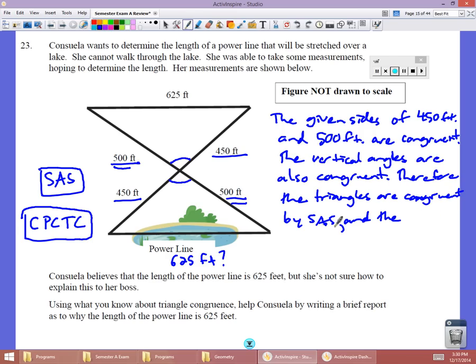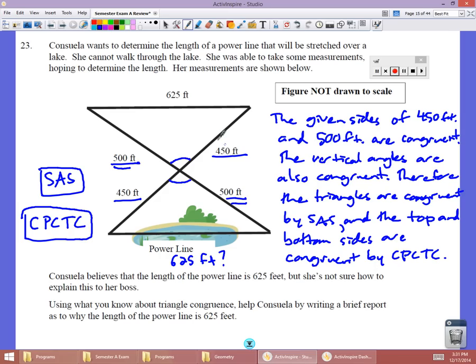Therefore, the triangles are congruent by side angle side, and the top and bottom sides are congruent by CPCTC. So again, we would want to write something along the lines of that in our report.